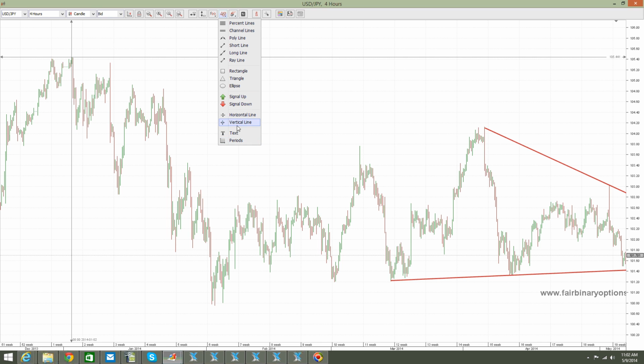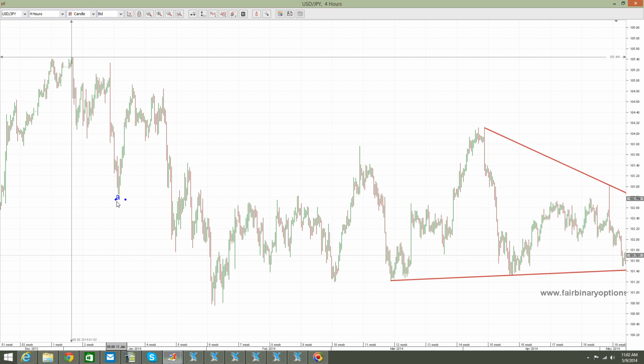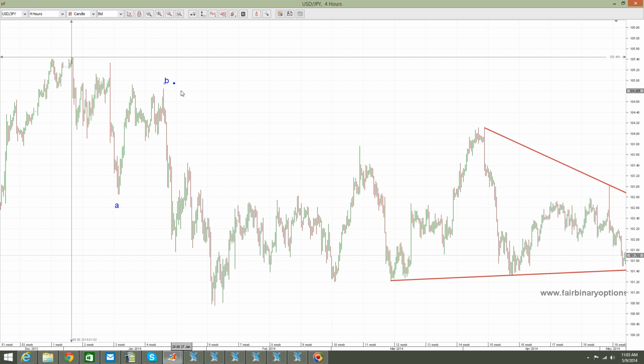So let's label this as A to the downside, then a B wave here, and the C wave to the downside, A, B, C.